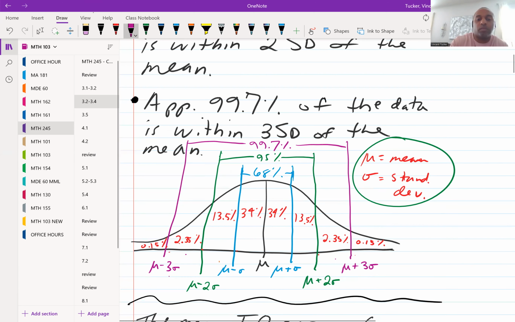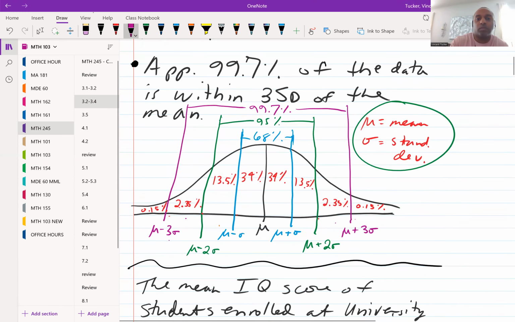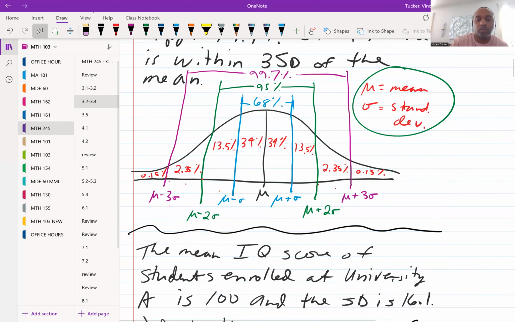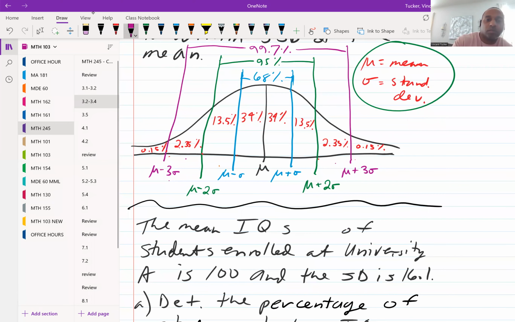All right, can I scroll up? All right, so looking at our first example, trying to implement the empirical rule, it says the mean IQ score of students enrolled at University A is 100 and standard deviation is 16.1.